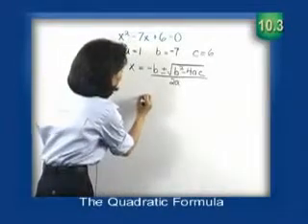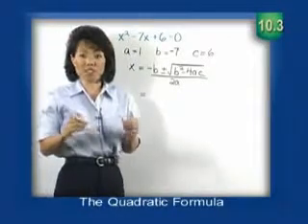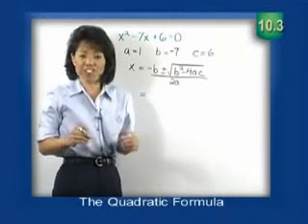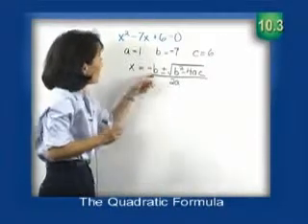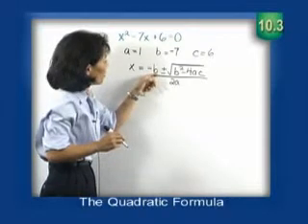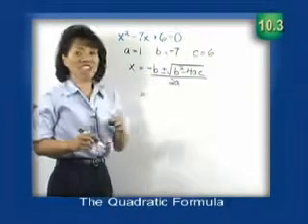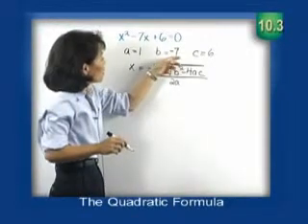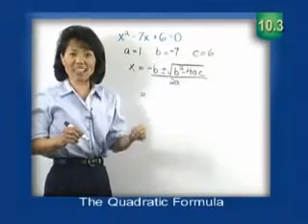Now that we have our formula written, let's make the substitutions for the values of a, b, and c. Be careful here, because notice in the quadratic formula we have -b. b in our problem is -7.